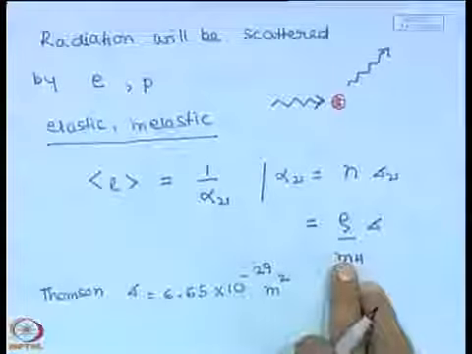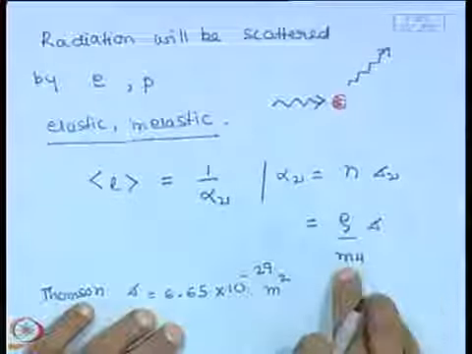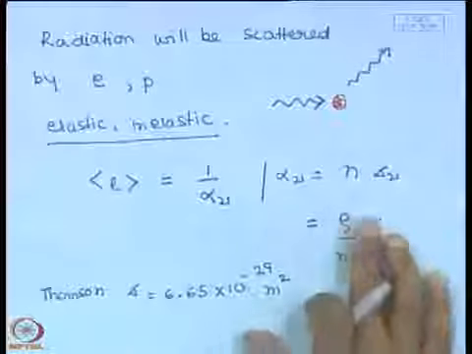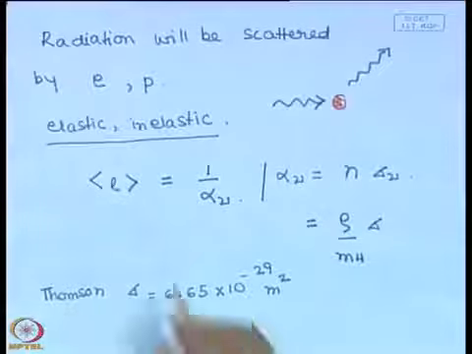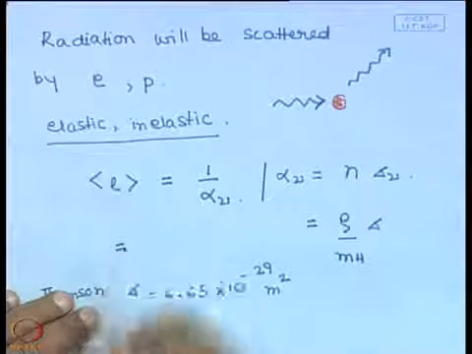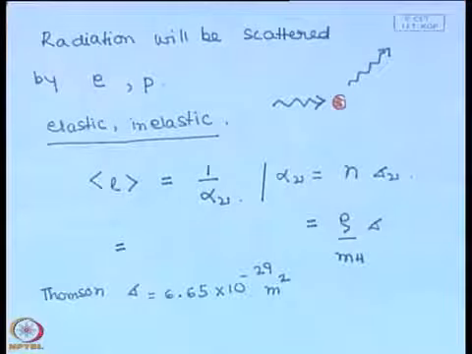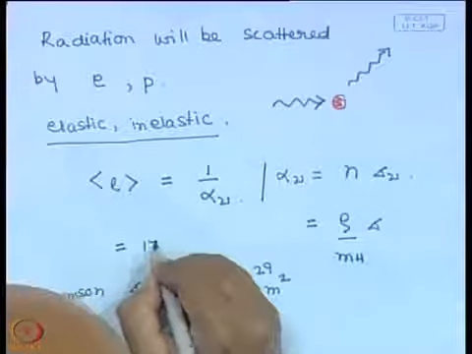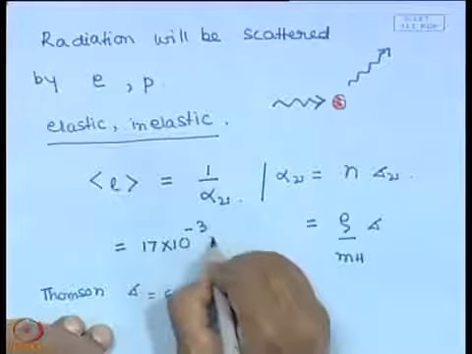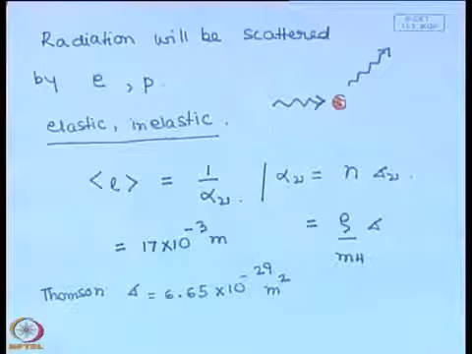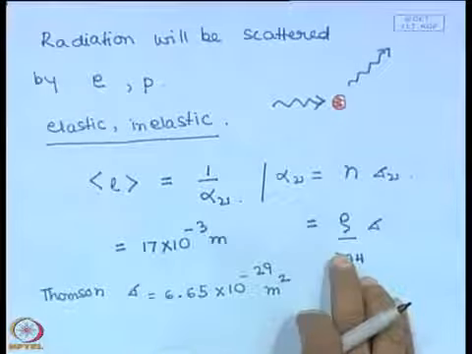If you take these numbers, we have already estimated this, we know, and this we know. So, you take these numbers, put them in here, and the mean free path comes out to be equal to 17 into 10 to the power minus 3 meters. So, it is around 1.7 centimeters. Okay, this is the minimum scattering that you will have.